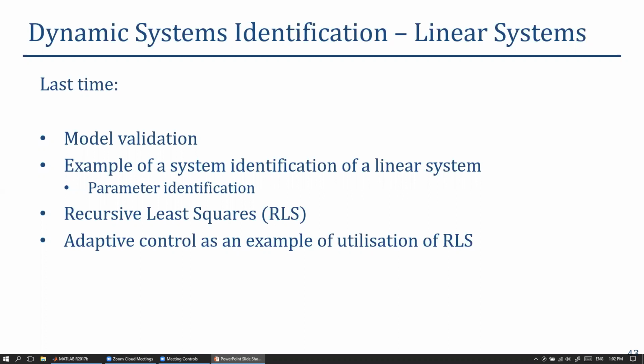We paid more attention to the parameter identification rather than the order selection, because we knew what order the model should be, since we knew the order of the system.